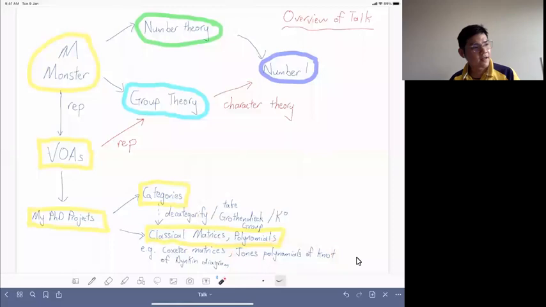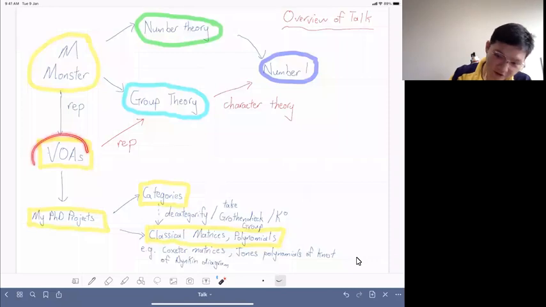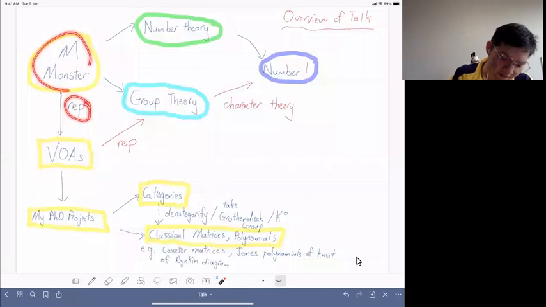And I came across these categorified VOA, vertex operator algebras. I was curious about this VOA, so I went and searched for its history. Actually, this VOA can be considered as a representation of the monster.